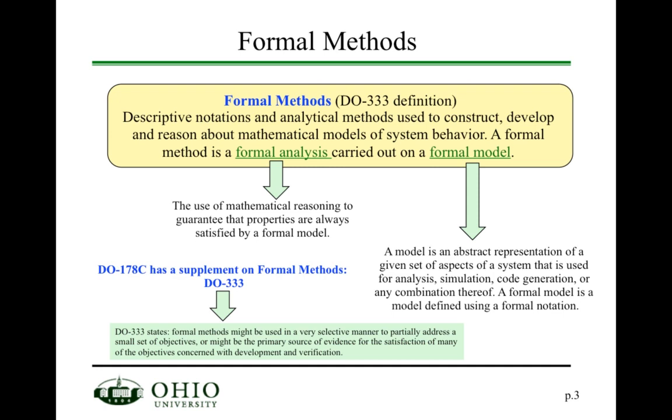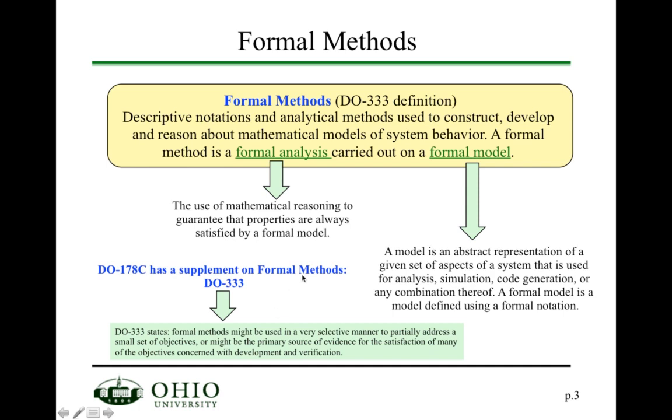Then that abstract representation can be used to perform a formal analysis, which means I'm actually using mathematics and mathematical reasoning to guarantee that the properties are always satisfied by the formal model. So think about it this way. Actually, I'll talk about that on the next slide.